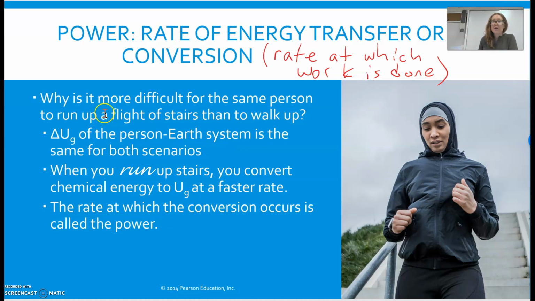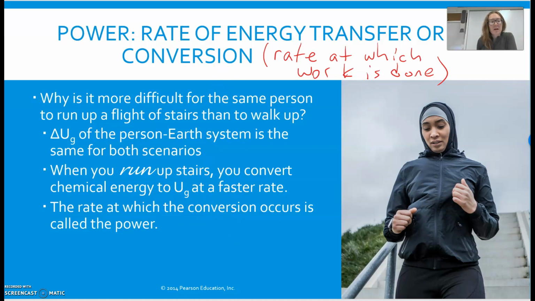And in this situation you're converting, say, the chemical energy stored in your muscles in the form of ATP into gravitational potential energy. And so you could consider that an energy conversion.